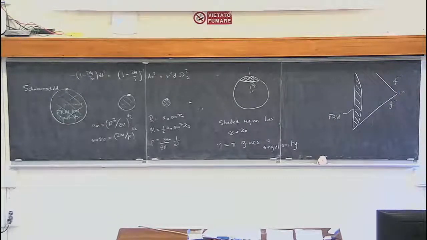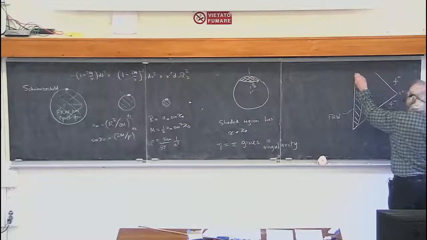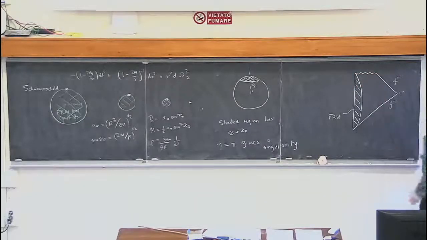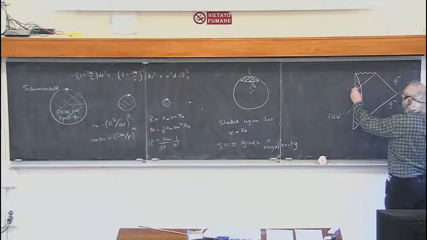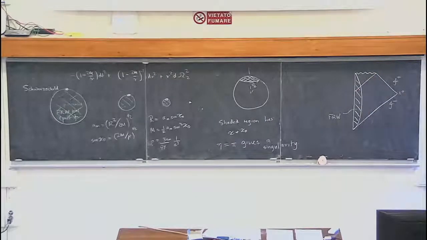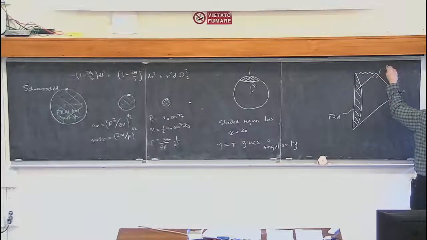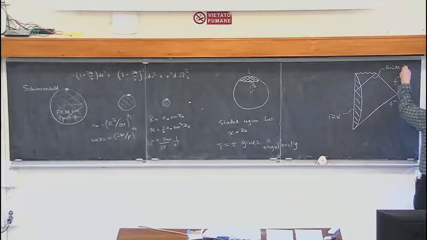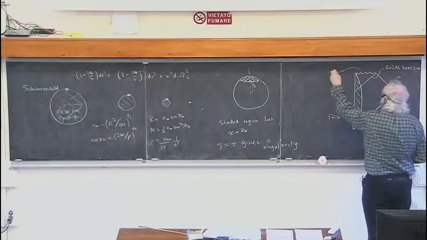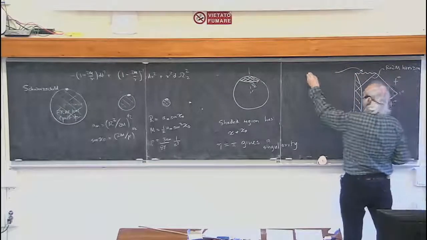It collapses to form a singularity, which we can write there, and there is a horizon which forms corresponding to just simply where r is equal to 2m. This thing is a singularity.